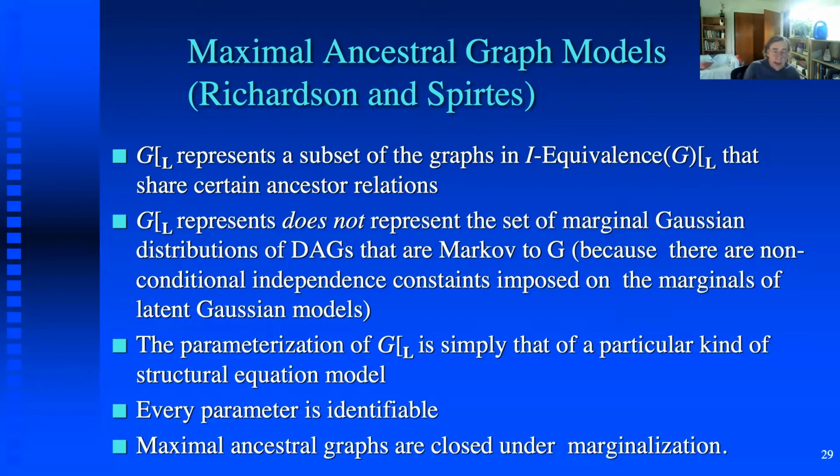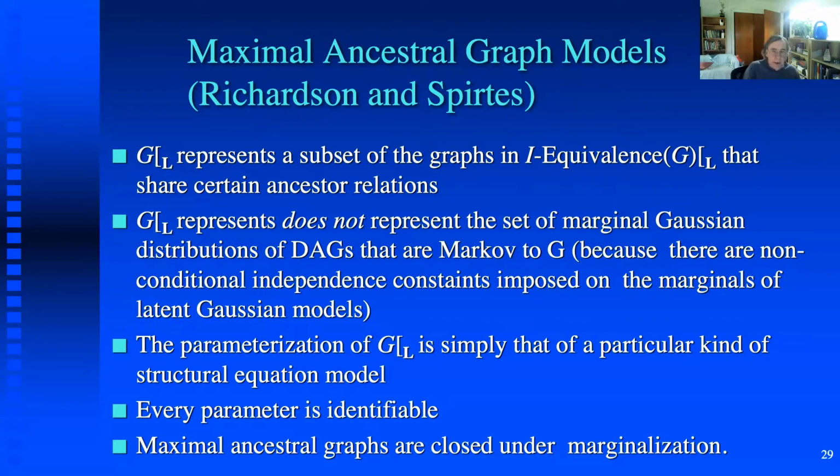In the Gaussian case, the parameterization of the marginal graph is simply that of a particular kind of structural equation model, and structural equation models do allow you to have double-headed arrows.